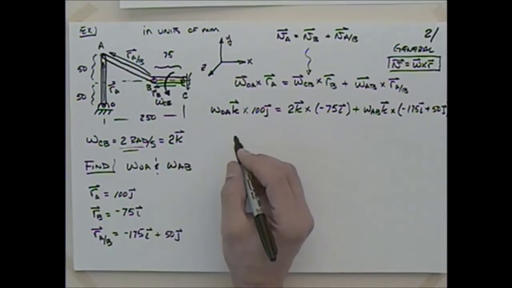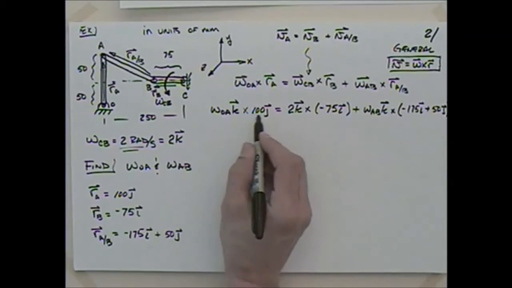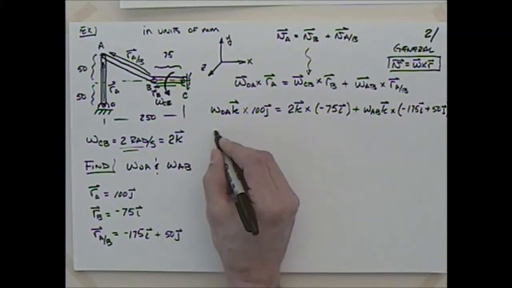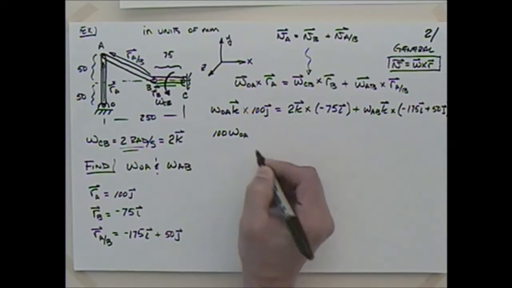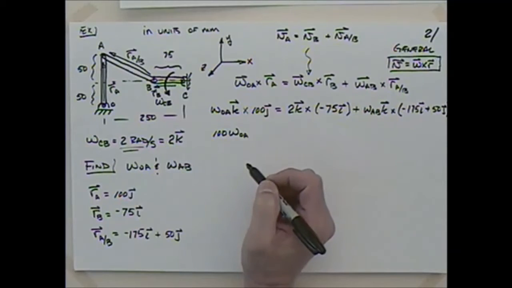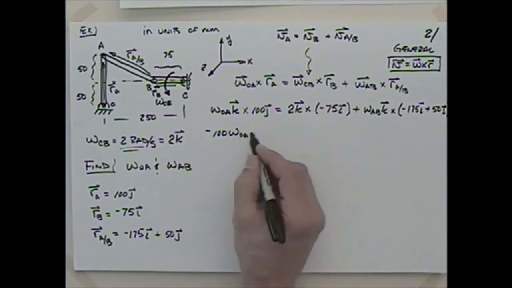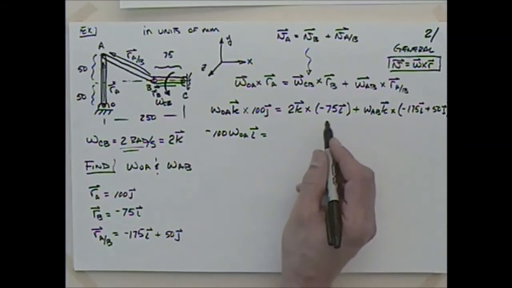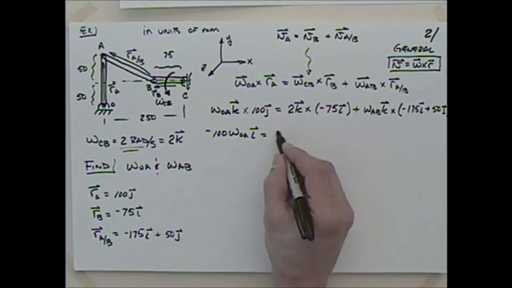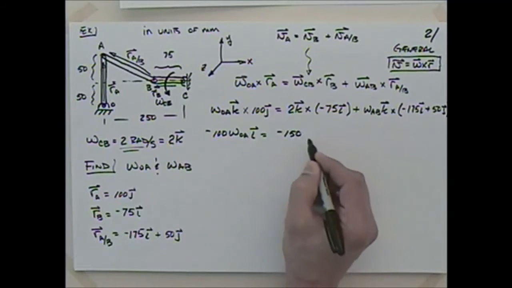So when I do the crossing, what does this turn out to be? Omega OA times 100. So I'll say that I have 100 omega OA. And then what's K crossed with J? Minus I. Good. Is equal to 2 times minus 75, which would be minus 150.